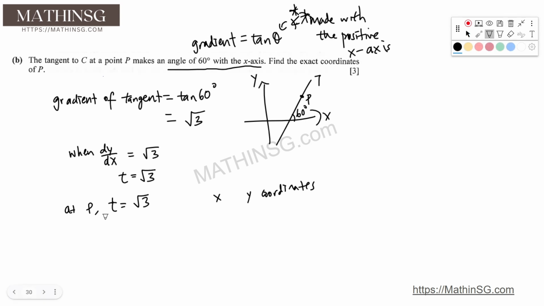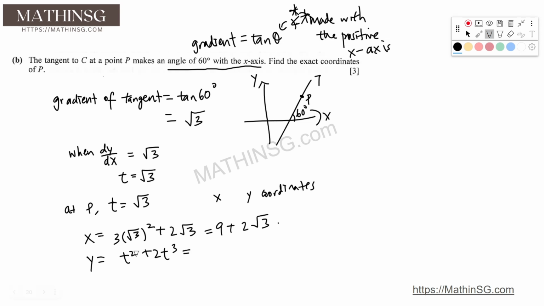So x is equal to 3t squared, where t is root 3, plus 2 root 3. Root 3 squared is 3, and 3 times 3 is 9. So it's 9 plus 2 root 3. y is equal to t squared plus 2t cubed.